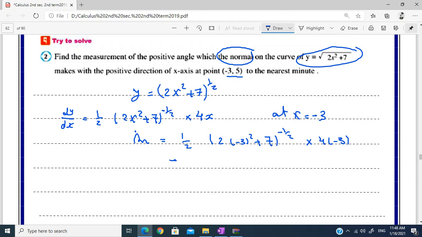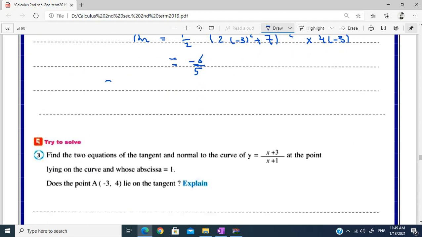So the result will be 1/2 times 2 times 9 plus 7, all power negative 0.5, times negative 12. The result will be negative 6/5. So the slope of the normal is 5/6.